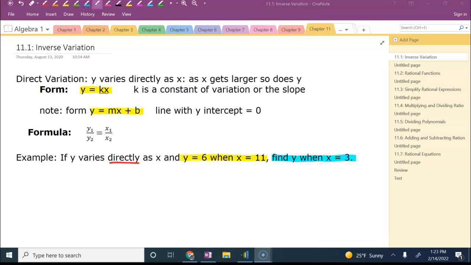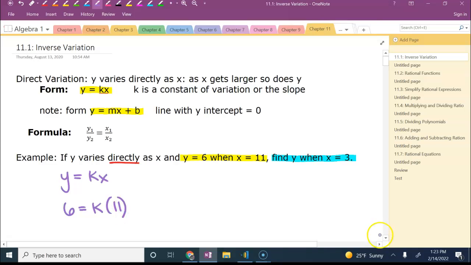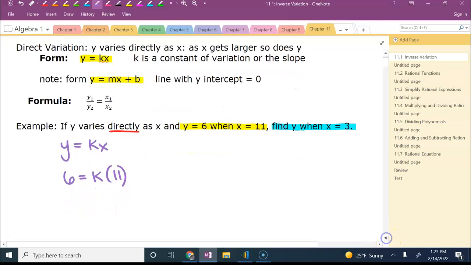To get started, I would begin by using this form, y equals kx, and use the first part that I highlighted here in yellow to solve for your constant. So y is 6, x is 11, so I'm going to put 6 in for y. I'm going to leave k as k because I'm trying to solve for that right now, and I'm going to put 11 in for x. Now you have to think about how you are going to solve for k.